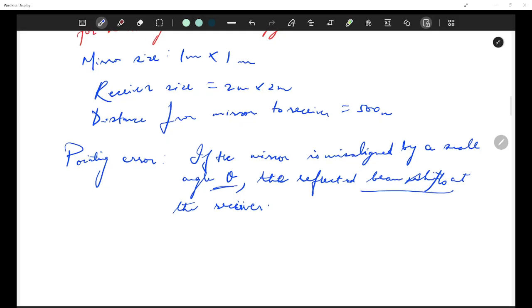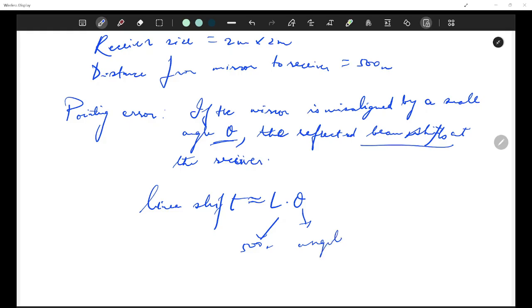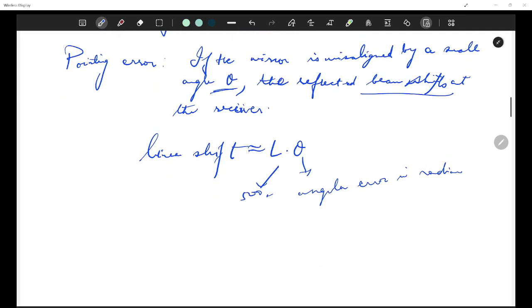So by small angle approximation, if you assume it to be a circle and then if you take the small angle, you will see that the linear shift happens by approximately L into theta, where your L is 500 meters and then your theta is the angular error in radians. Okay, so what is the allowable linear shift that we have? Let's talk about that.